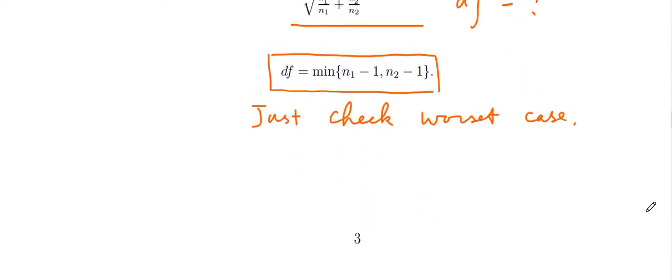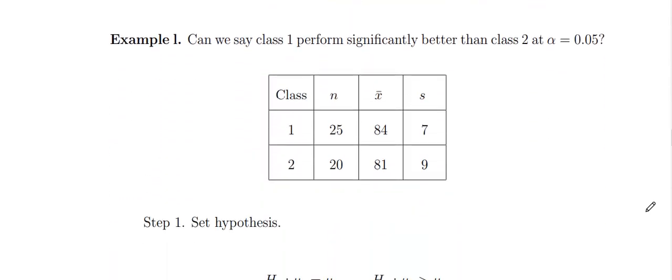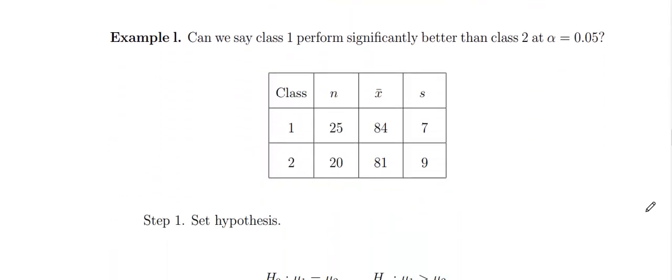Okay, so now let's consider this problem. Can we say class 1 performs significantly better than class 2 at this level? Here we have evidence. x bar means the exam average.